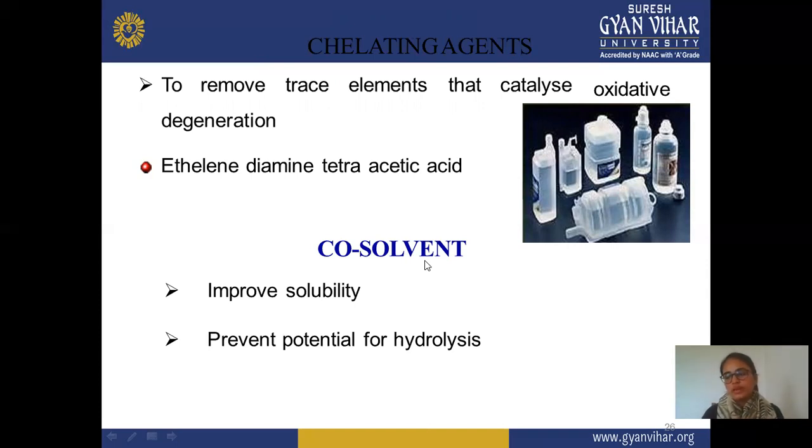When you add this solvent, or a combination of some solvents, then the solvent is known as a co-solvent, and it is used to improve the solubility of your formulation and prevent the potential for hydrolysis. Suppose a hydrolysis reaction is observed in a formulation or a solubility problem is also observed, then you can use this co-solvent. It improves solubility as well as addresses the hydrolysis reaction.